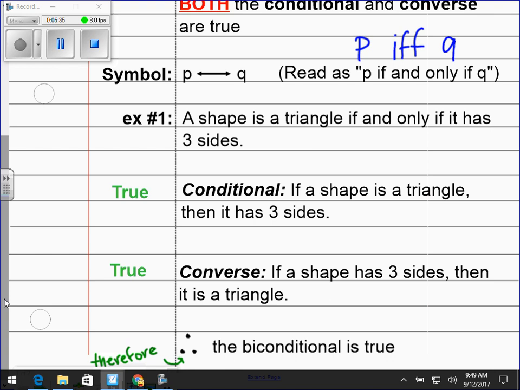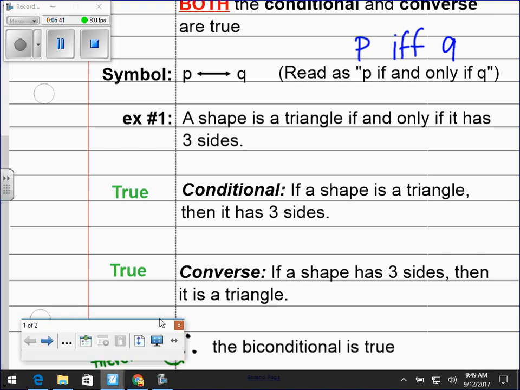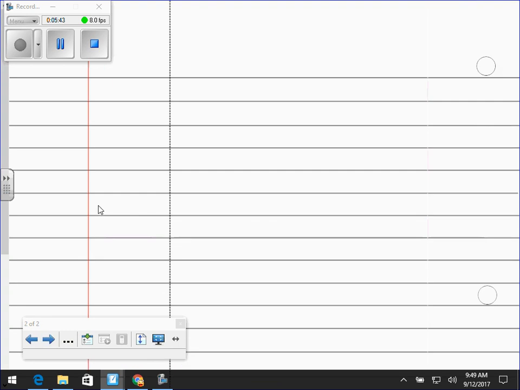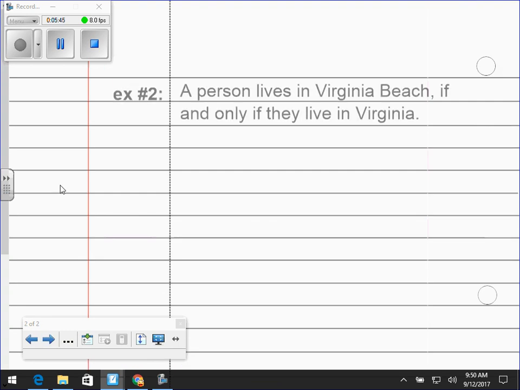All right, so now we're going to go to example 2. Example 2 says, a person lives in Virginia Beach if and only if they live in Virginia.